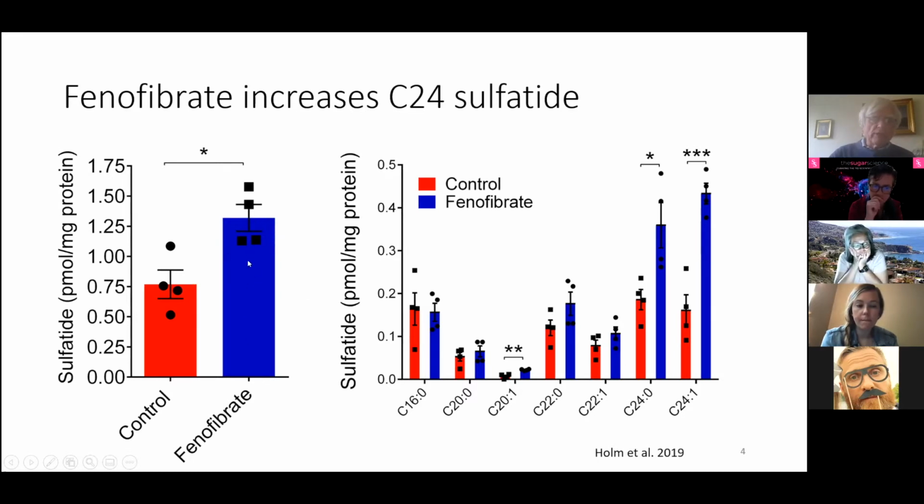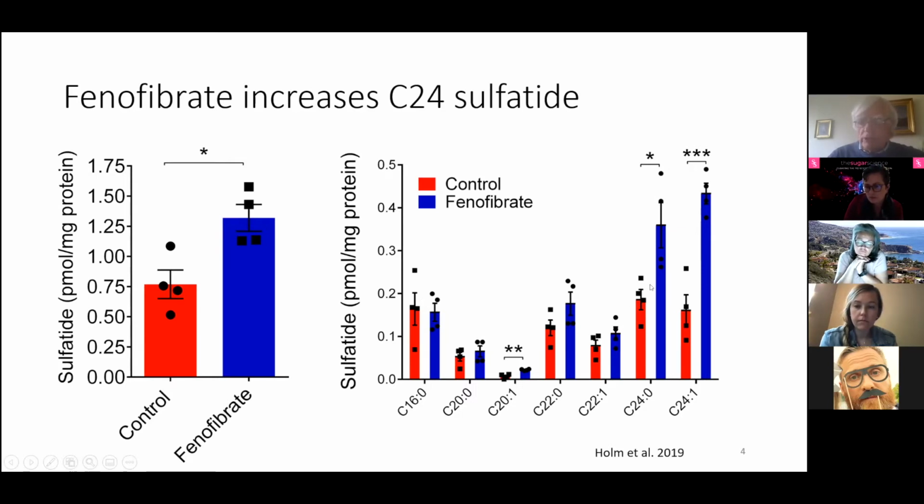When we feed mice with fenofibrate, they have almost double as much sulfatide as the control mice. And highly interesting, as I told you, there is both sulfatide with short fat chains and with long fat chains, and the short-chain sulfatide has all the physiological properties in the beta cells, as I just showed you an example of.